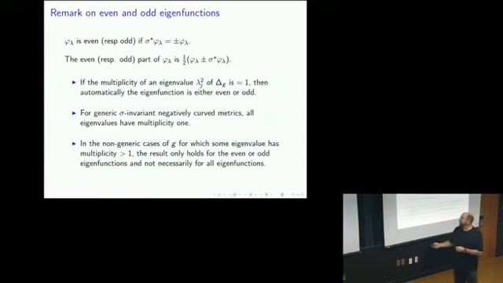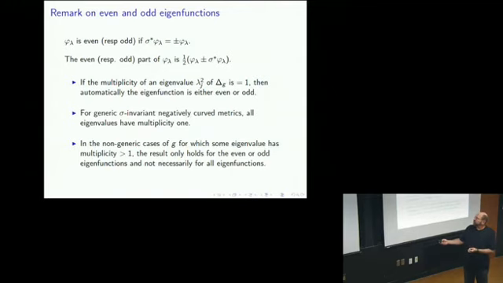So let me make some remarks about this even and odd. Naturally, one would like not to use the words even and odd. One just wants to say that if you look at the entire sequence of eigenfunctions, then almost all the nodal domains tend to infinity. However, there's not much difference. An even function means that if we pull it back under the involution, even respectively odd, we get plus or minus.